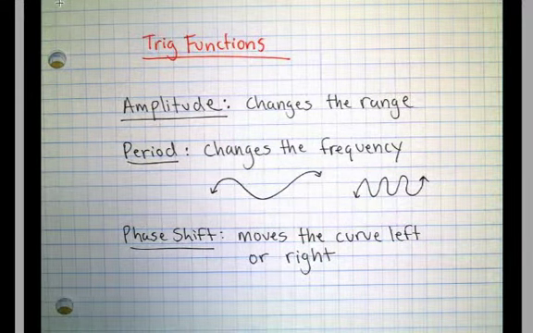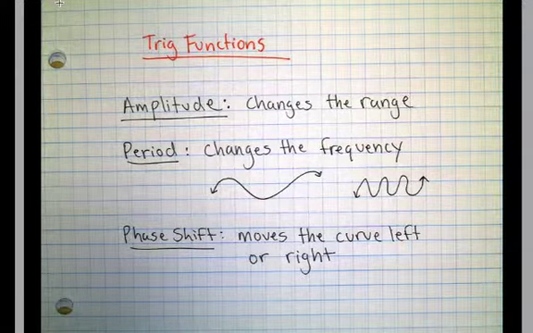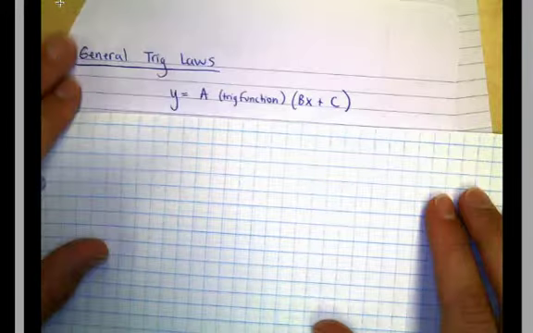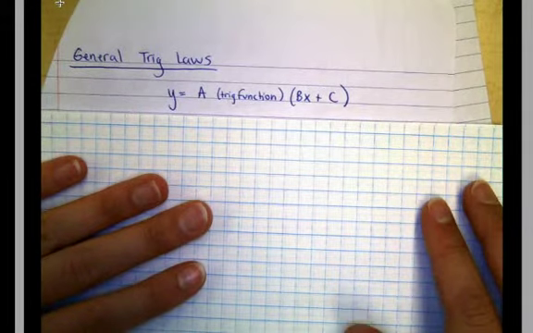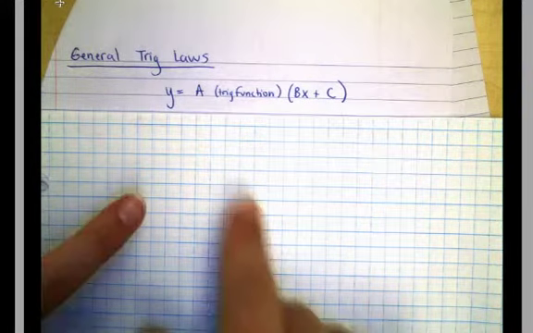So we're going to talk and compare a couple of rules that you need to know. And these are just really general trig laws. So here's the next thing we're going to put up on the screen. Let's say you have y equals the sine of x, or y equals cosine of x, or tangent, or whatever. Here's the general rule.